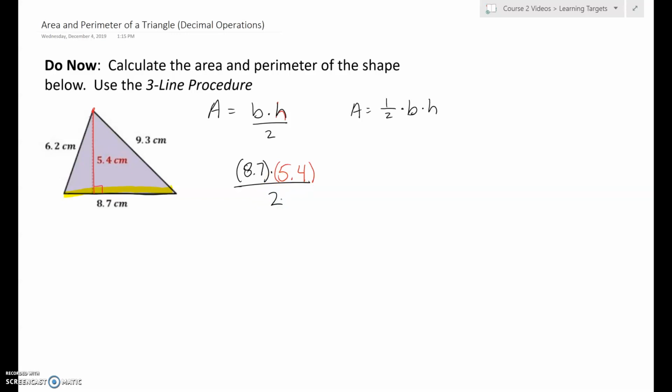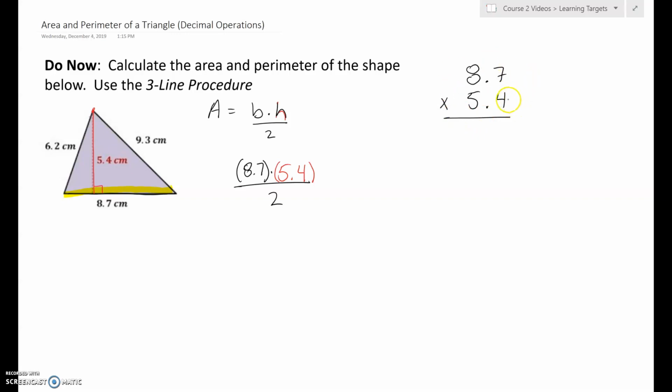Off on the side now, I'm going to do this calculation. I'm going to take the base and multiply it by the height, and after that, divide by 2. So I'm going to take 8 7/10 times 5 4/10. I'm not lining up the decimals. I'm just lining up the numbers, 87 and 54. They just happen to line up, but I don't need to line them up to multiply decimals.